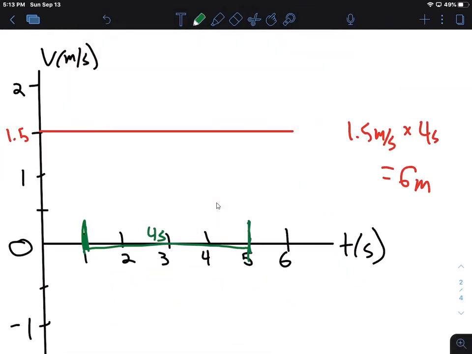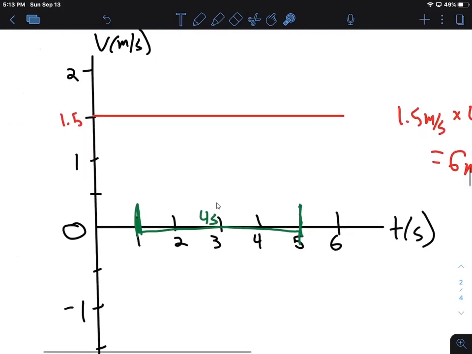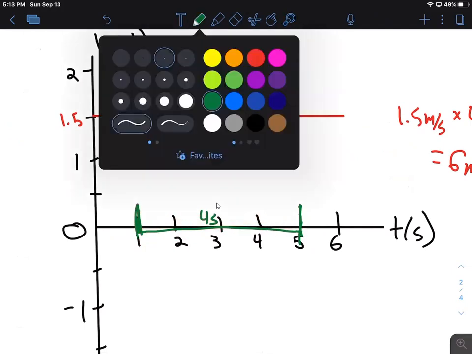What I'm doing here is one number multiplied by another. I'm doing this number multiplied by this number. And if you sort of squint a little bit, you can see that that's making a rectangle. I've got a base of 4 seconds and a height of 1.5 meters per second.